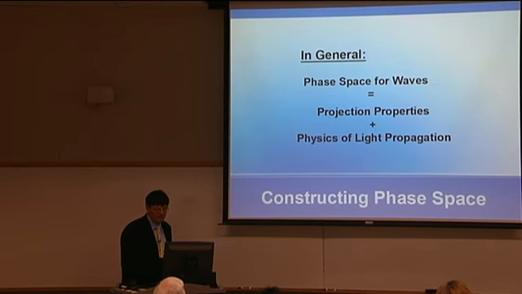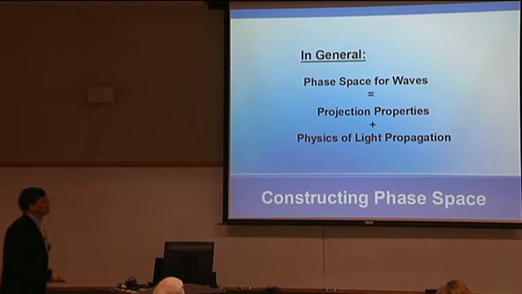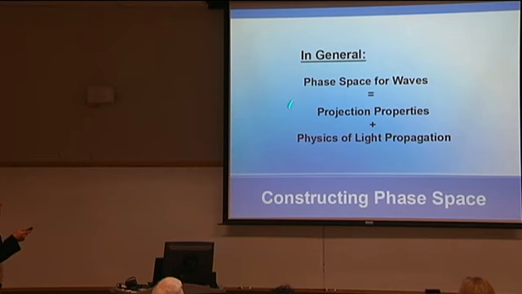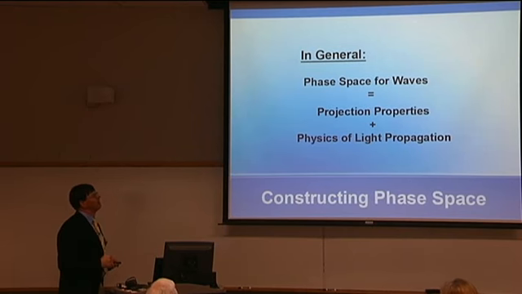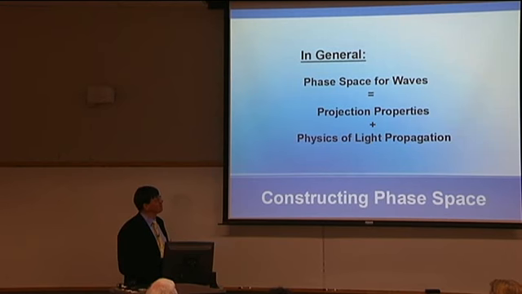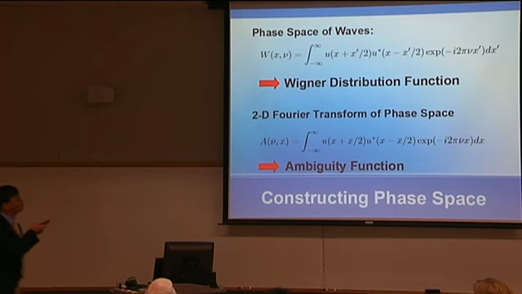And if we generalize this, that means we want a phase space of waves which has the projection properties of radiometry and which incorporates the physics of light propagation in exactly this paraxial mindset that we had for the ABCD matrix optics. Then we end up with something that is called the Wigner distribution function.